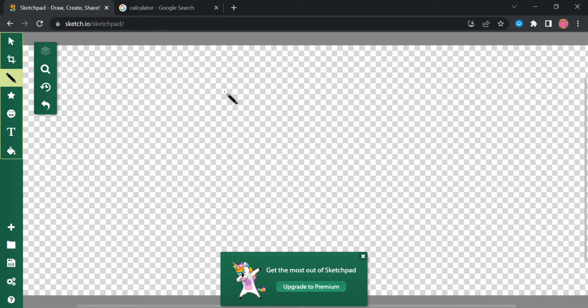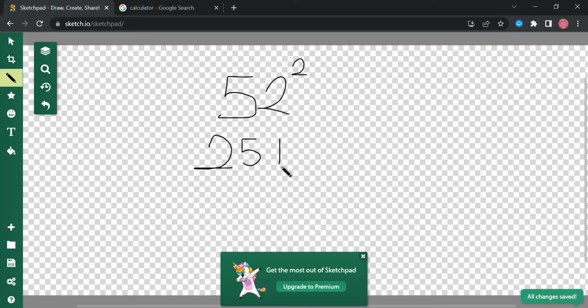I think last time I may have already said how to calculate squares, like how to multiply them. If you were doing 52 squared, you would do 5 times itself, 5 times itself, and then 2 times itself, which would be 4.